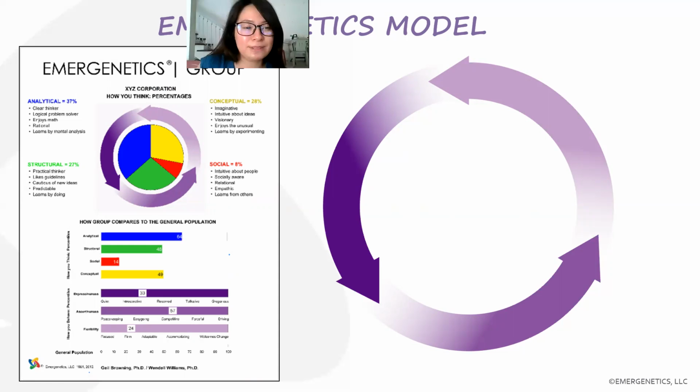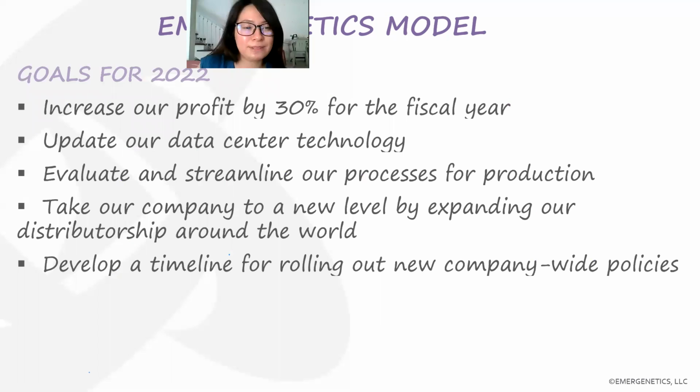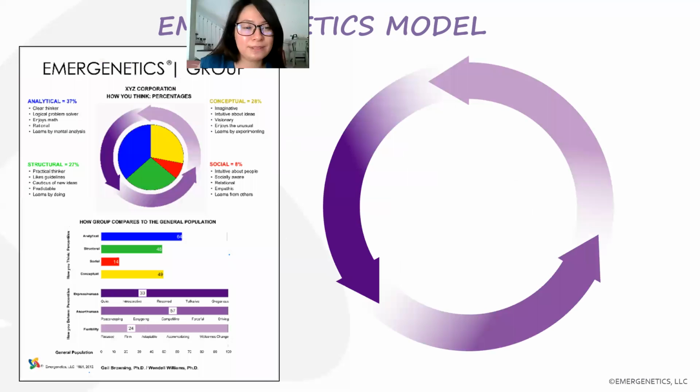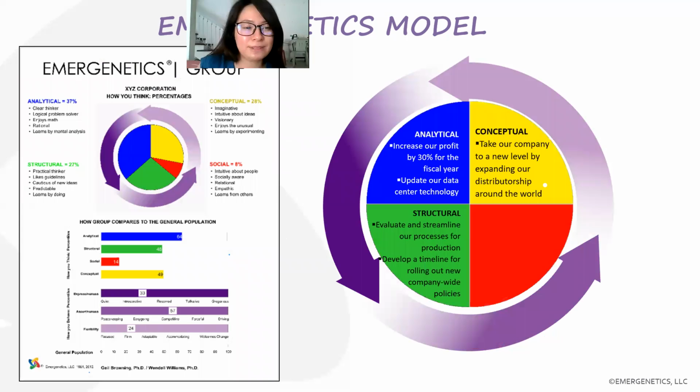So now we take all these goals for 2022 and put them under this metaphor. And this is what you get. If we put it under increasing our profit by 30%, which thinking preference did this come from? It came from analytical, right? Update our data center technology, came from where? Analytical preferences.